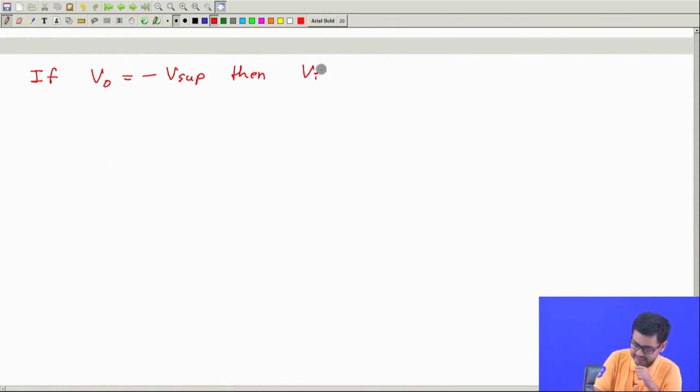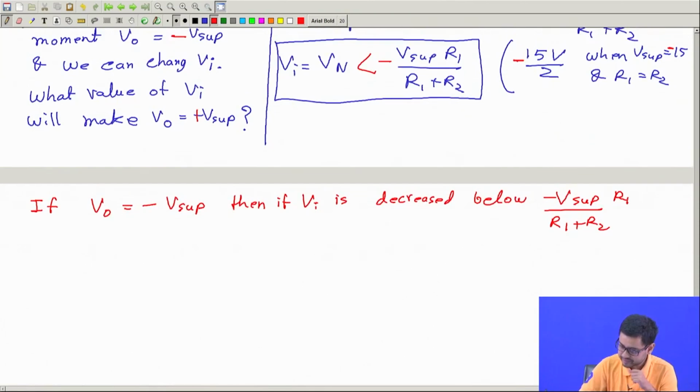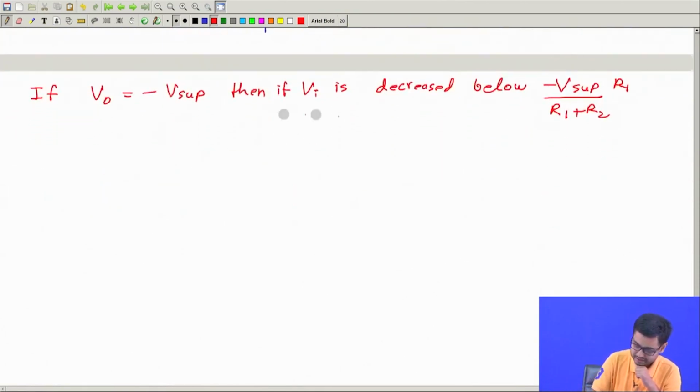If Vi is decreased below this, minus V supply by R1 plus R2 multiplied by R1, am I right? Yes. If it is decreased below this, then VO becomes plus V supply.